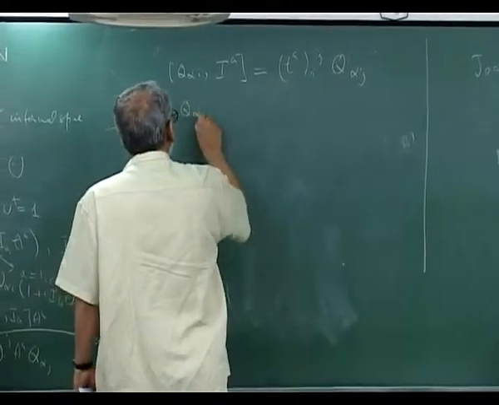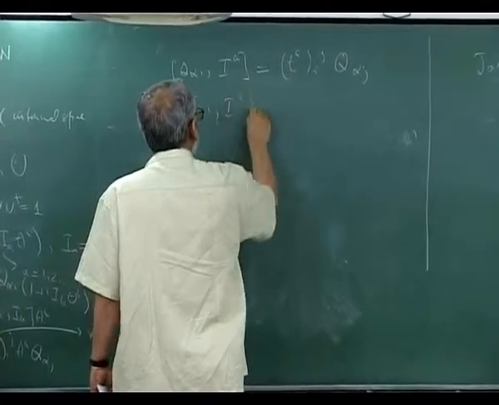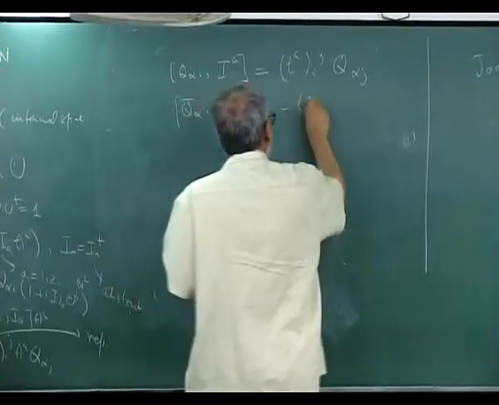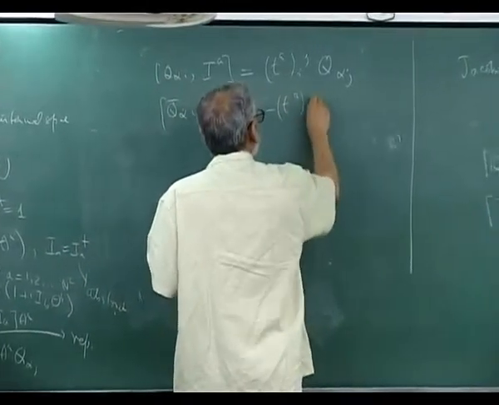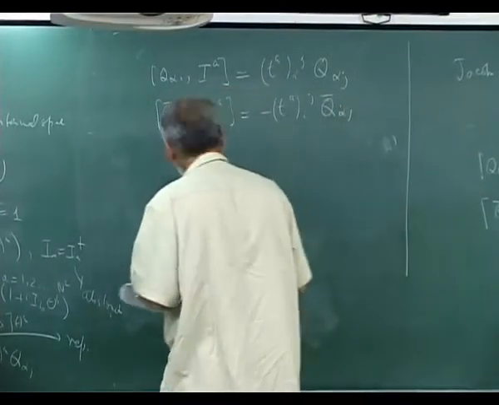And similarly for Q bar dot I, a minus T A I j Q bar alpha dot j.